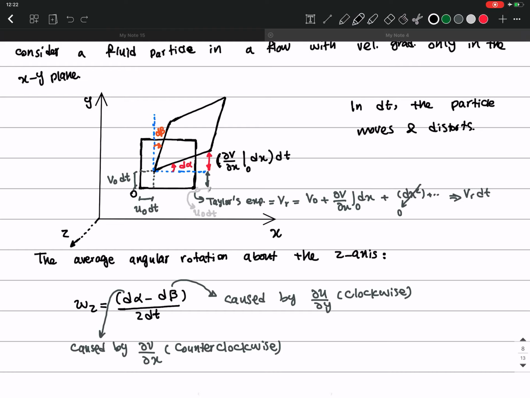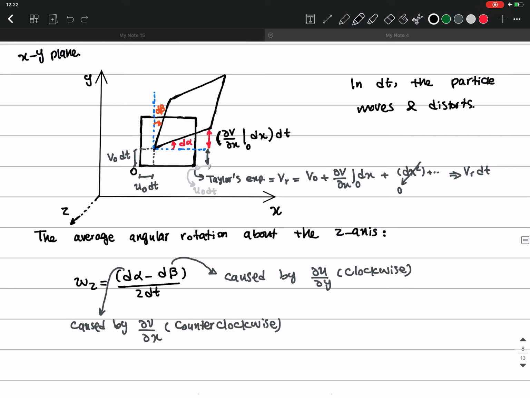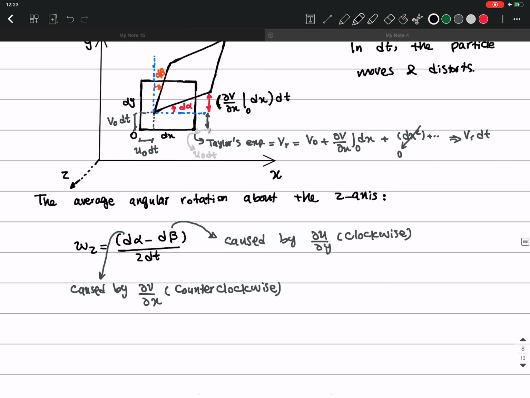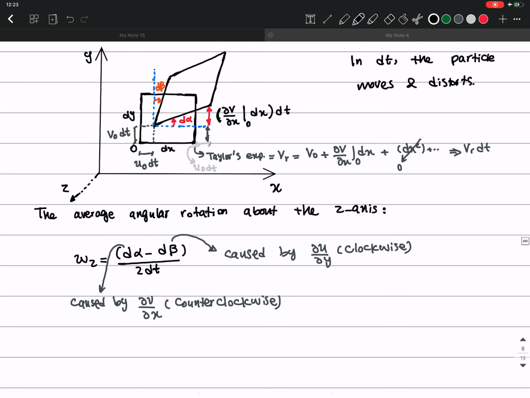So it is caused by that. And again, this is dx, the whole thing, and the whole thing is dy. So this is how you can get the average angular rotation about the z-axis.